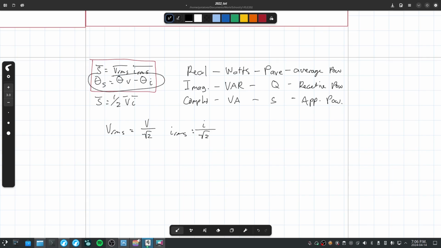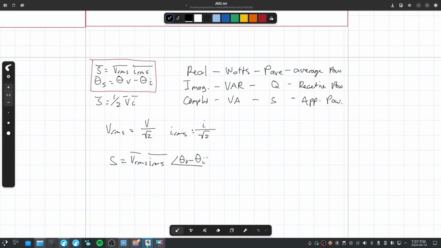This is the formula for S, because S is also a complex number. It's going to be V RMS and I RMS, the magnitude of each, with a phase of the voltage phase minus the current phase. So you can't just multiply V RMS and I RMS together.